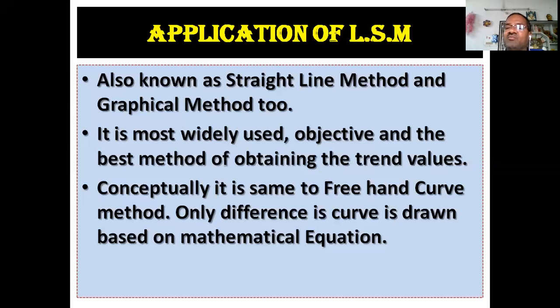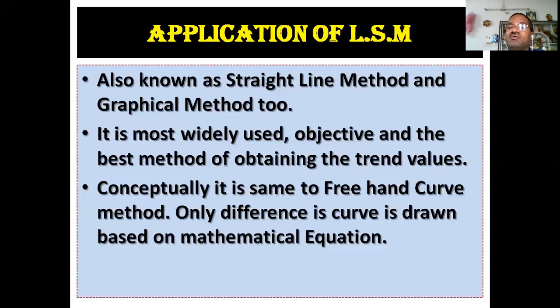In the freehand curve method, we simply take the given variables, like when they supply the data, time and data, two variables will be given. On the x-axis we write the time, on the y-axis we write the variable, and just plot the dots and connect them. But in the least square method, we cannot do it freely by hand.